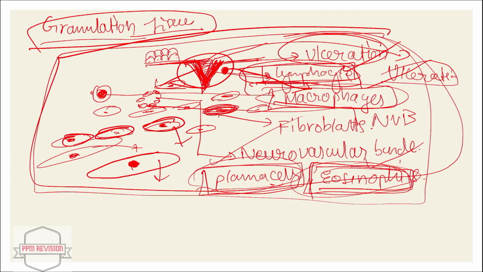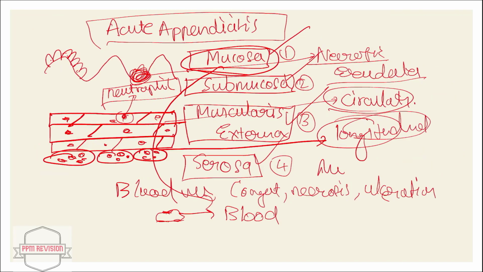Just to give a brief on granulation tissue, as we know, there is a central ulceration, a few cells that can be drawn here, and then there are lymphocytes, plasma cells, macrophages, and also eosinophils. And as told earlier, the fibroblast has abundant cytoplasm and a central nucleus, and there is also the presence of a neurovascular bundle. Now moving ahead with acute appendicitis, there is a central ulceration, or there can also be necrosis.